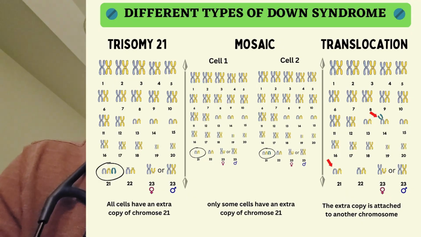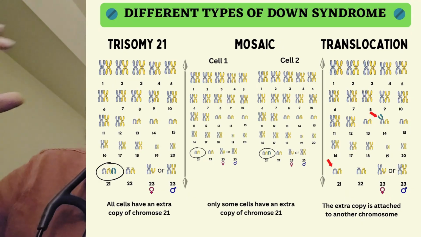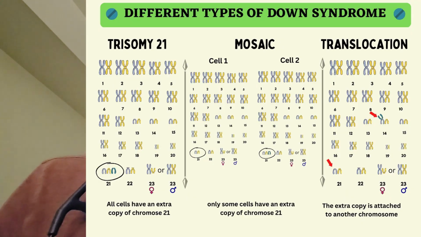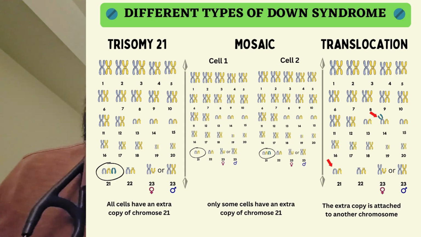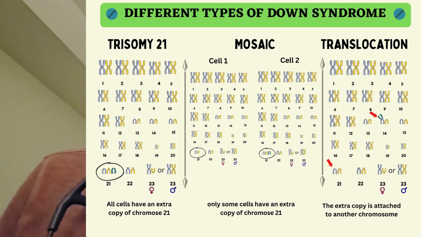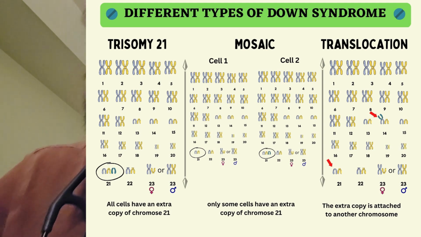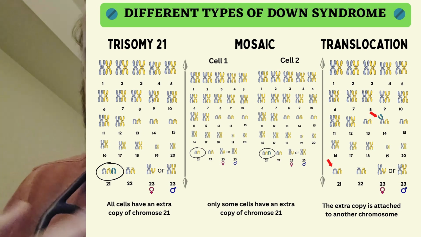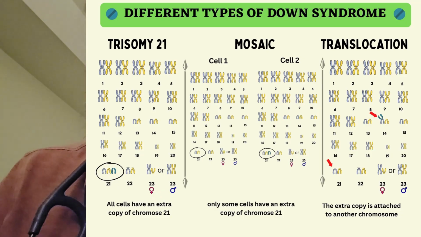Some won't, because some are euploid and others are aneuploid. And that means that they may not have the intellectual disability. Perhaps only 1 out of every 25 or 1 out of every 1,000. It depends on where in the cell division stage this happens.